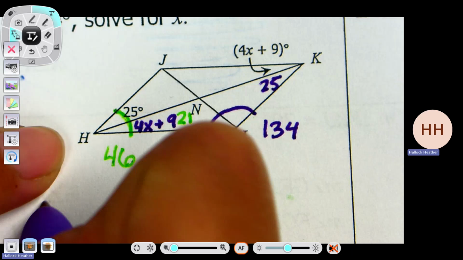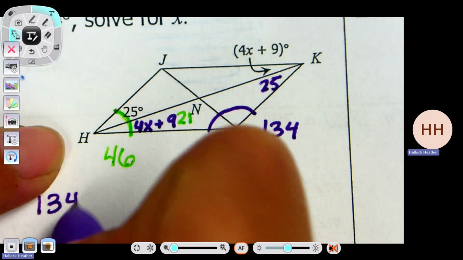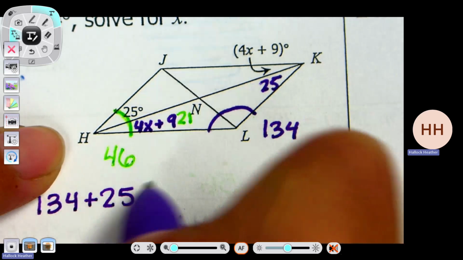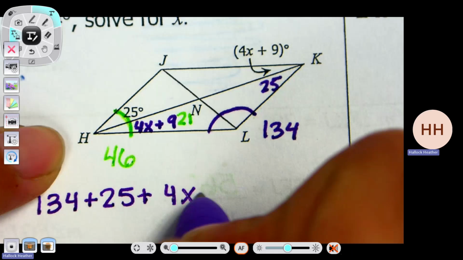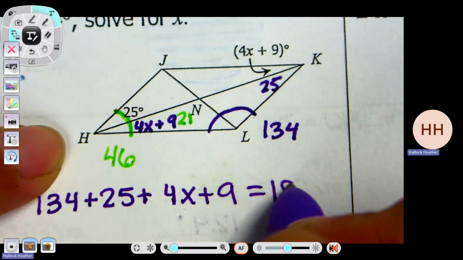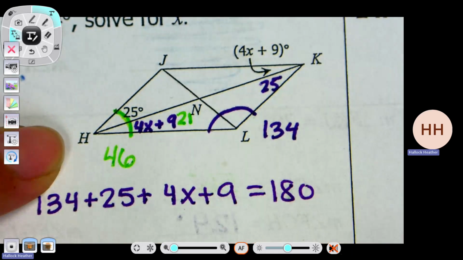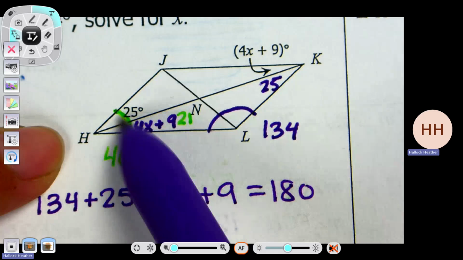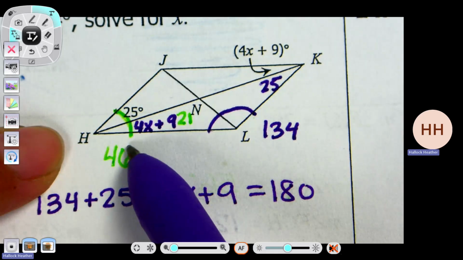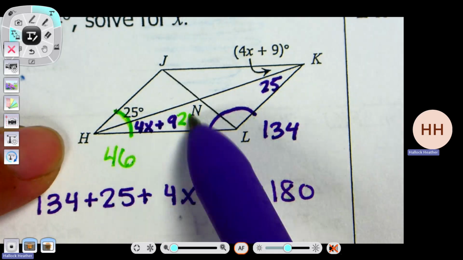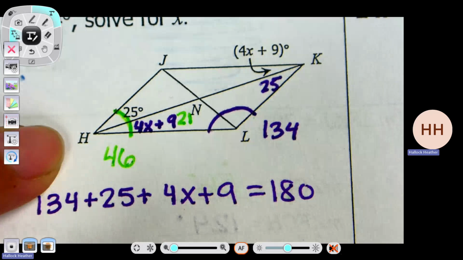So I could say 134 plus 25 plus 4x plus 9 equals 180, because you can combine everything. Ashton took it a step further. He knew that this is 134, so this amount is 46. And he also knew that this was 25, so this angle has to make 21. Or you could just do 4x plus 9 equals 21.